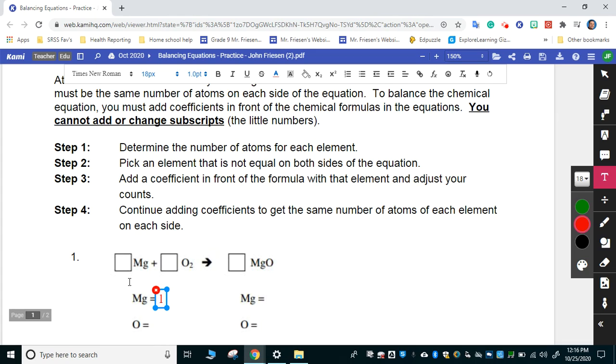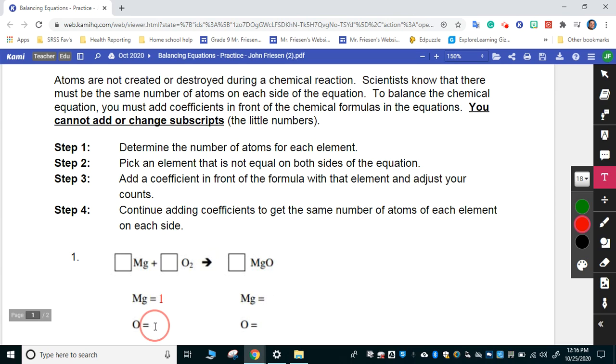Now, on this side of the equation, we have, and you would be doing this as well, if these weren't written here, the M and the G, you would write the M, G, and the O on either side of the equation. Again, it's been written here for you to help you as you are going through this. So you have oxygen here. How many oxygens are there?